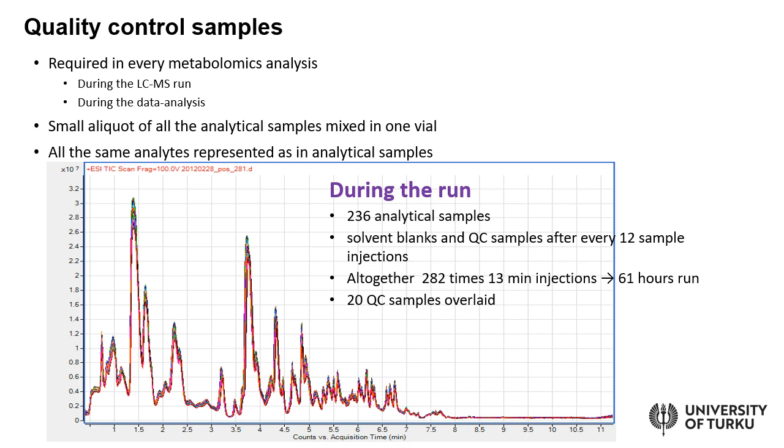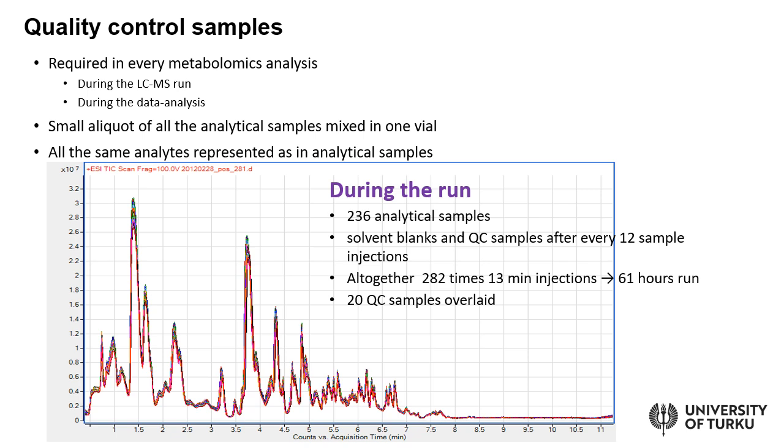This is a very good way to do it, because then your quality control sample has all the same analytes that are present in the analytical samples, and also the matrix, or the general composition of the compounds, is matching with the analytical samples. And that is the most typical way to include a quality control sample in a metabolomics run.